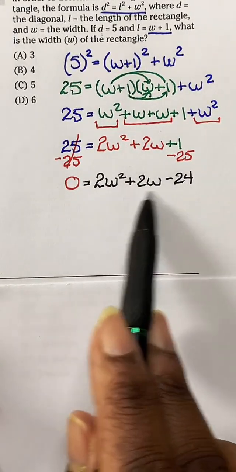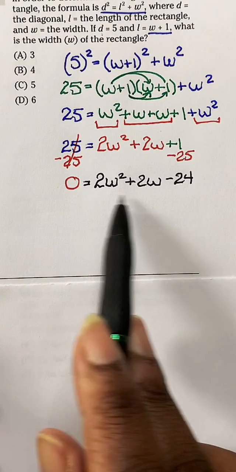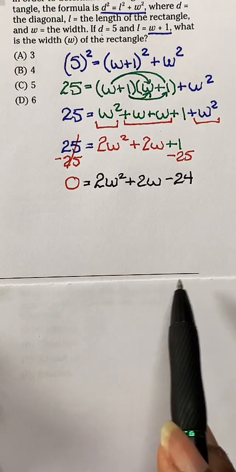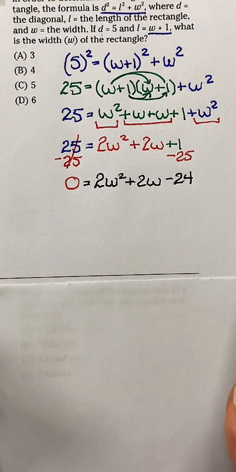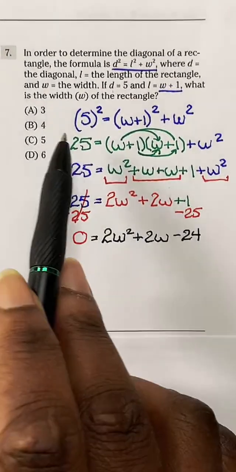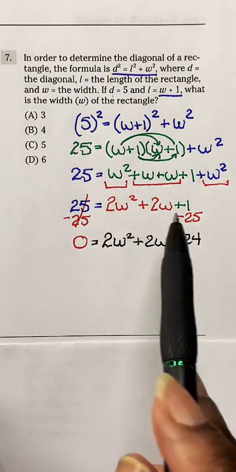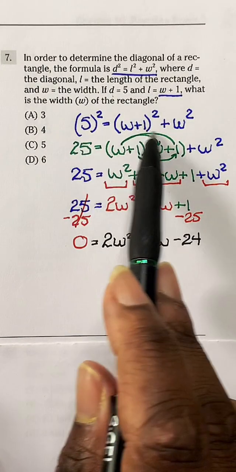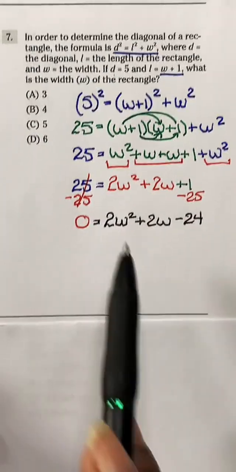So I could stop right here. If I wanted to continue to factor to find out what W equaled, I can do that too. But I think time-wise, it would be a lot easier to plug in. So I could have plugged in right here from the very beginning.